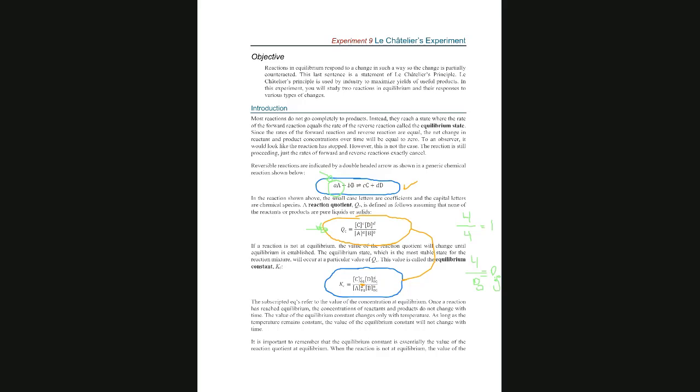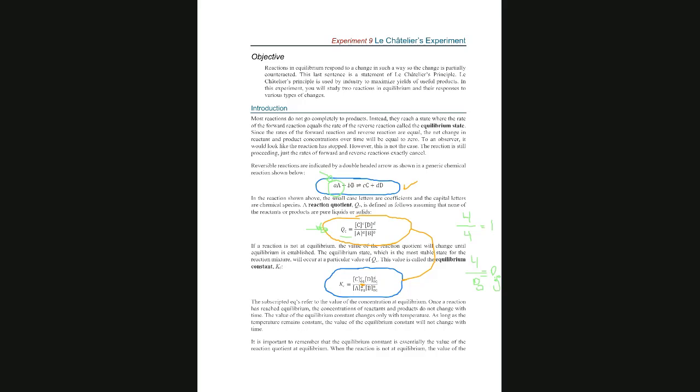Okay, awesome. So once we disturb the system, we don't have a K anymore. The concentrations are not the equilibrium concentrations, and we need to work with QC. Then we calculate the QC, and we are going to find out, because Le Chatelier said that it's going to shift toward the direction that minimizes the stress.